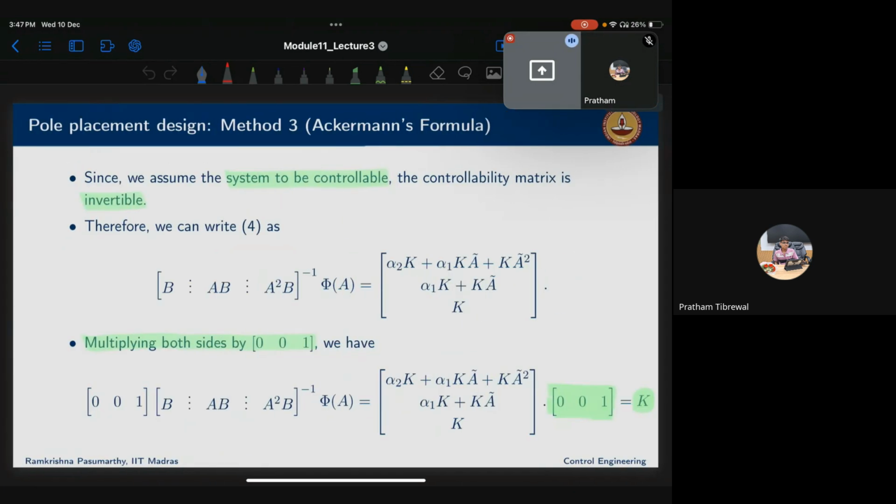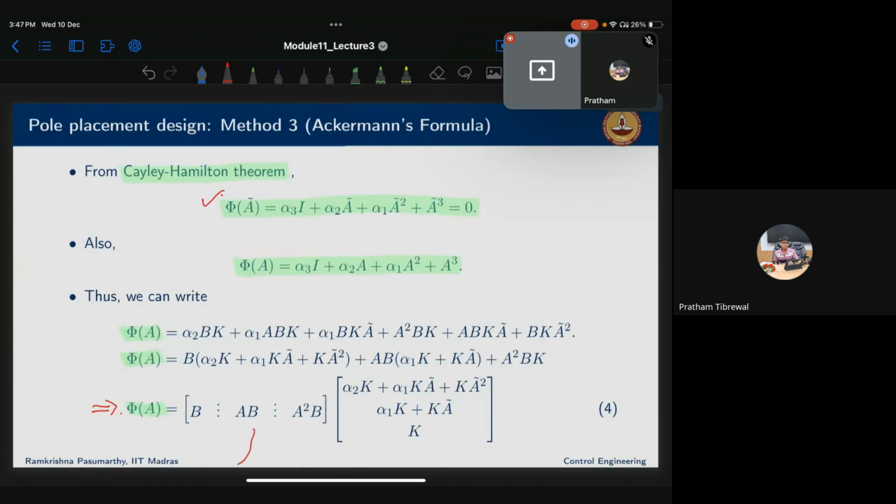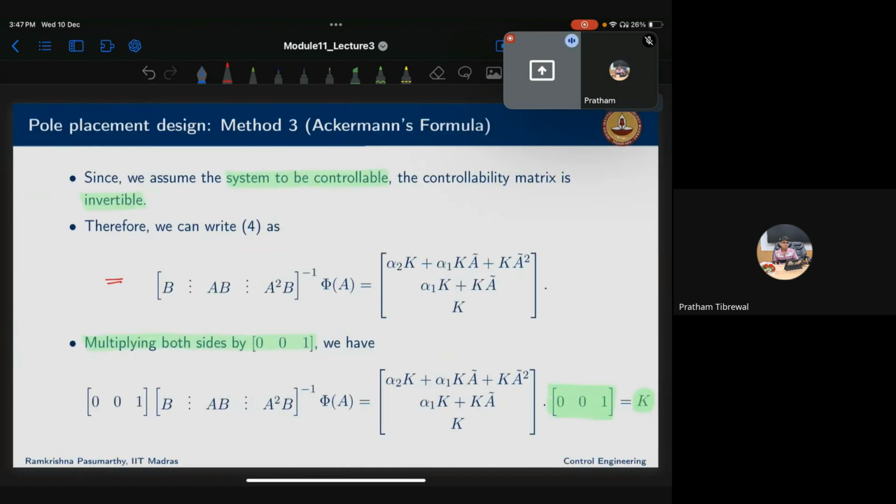From this, you can see you are bringing this one to this side, so you have this equation and you are getting the inverse. Now if you multiply both sides, because what we want is to find the matrix K, what do we do?